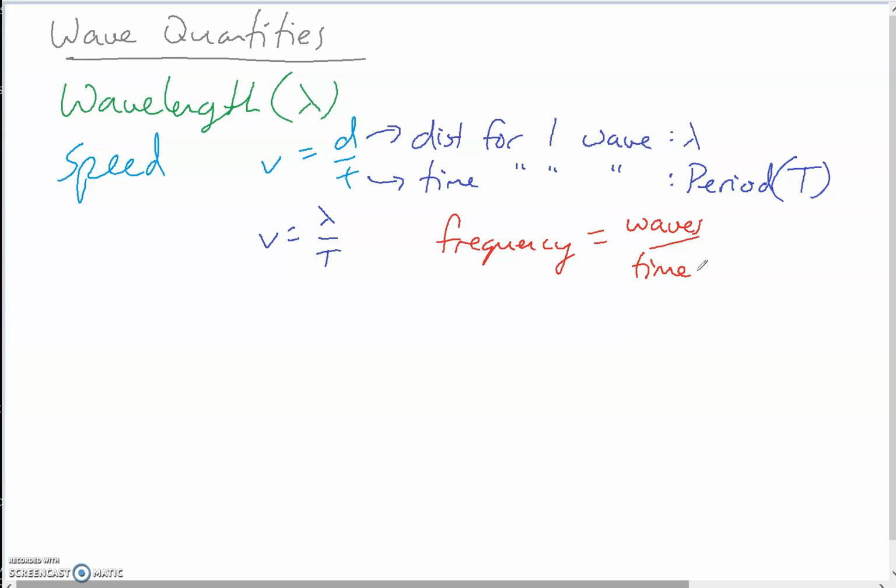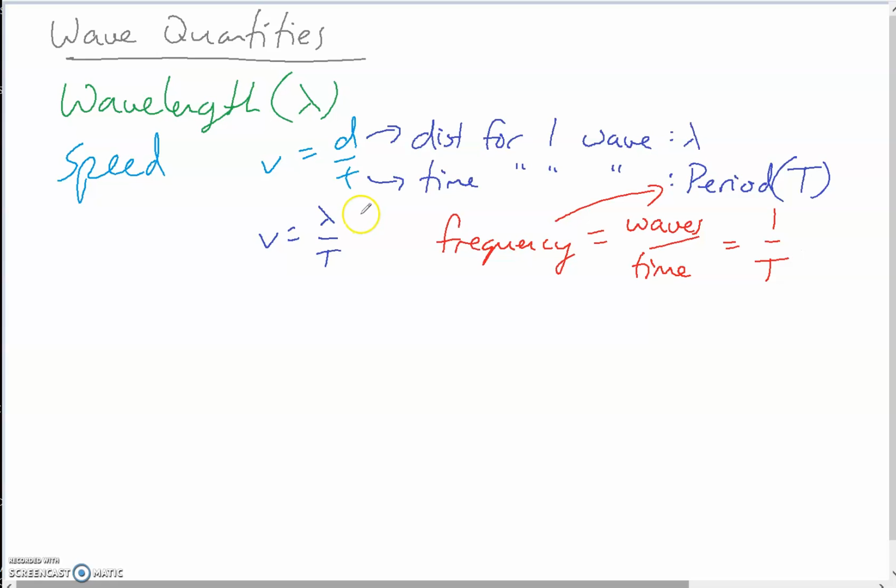This is directly connected to period, because period is the time for waves, and frequency is the waves per time. These two are actually inverses of each other. So frequency is the inverse of period. One is the waves per time, the other one is time per waves. So they're inverses of each other.